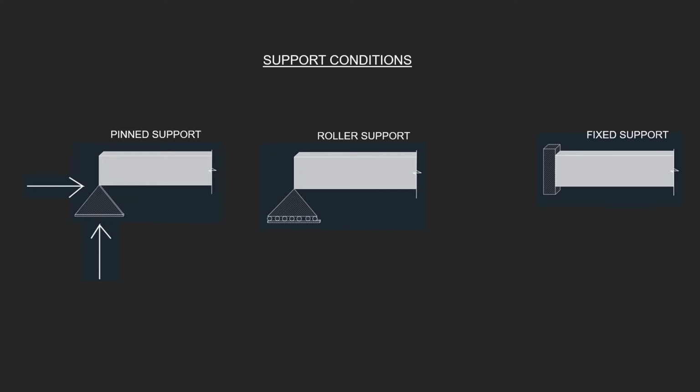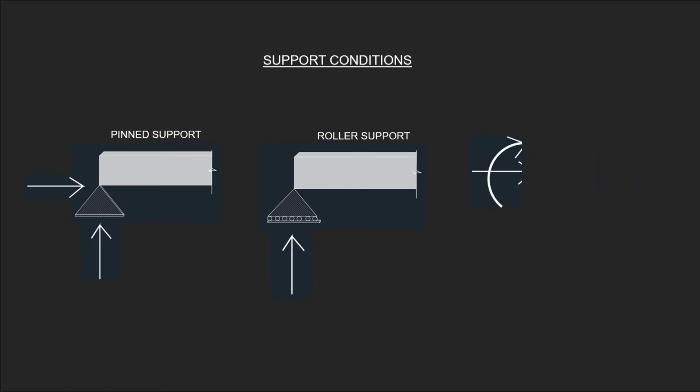Since rotation is permitted, there won't be any reaction moment. In the case of roller support, vertical displacement is restrained, but horizontal displacement and rotations are allowed. Thus, there will be reaction forces in the vertical direction only. Whereas the fully fixed support restricts all these movements, which results in reaction forces in horizontal and vertical directions as well as a reaction moment at that support.